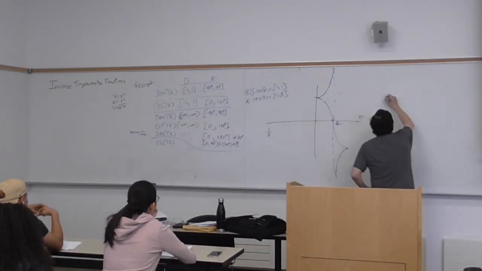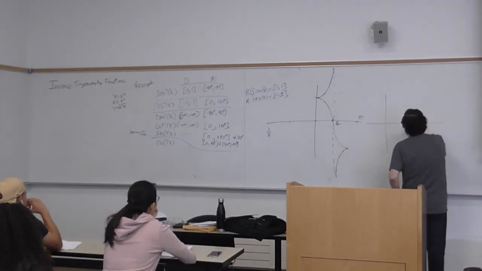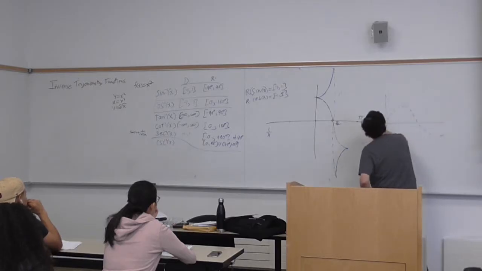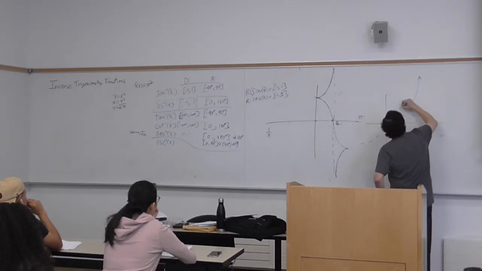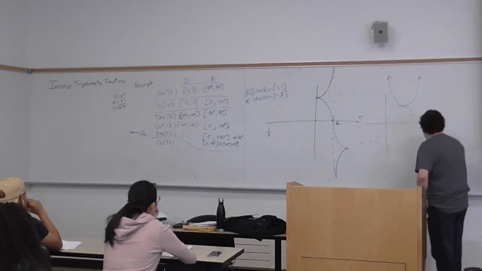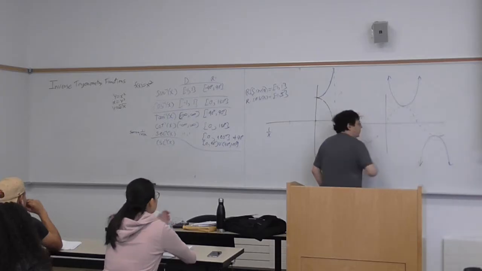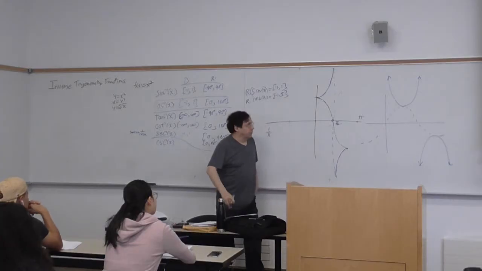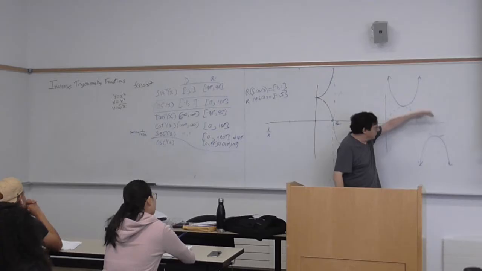Maybe if I draw the picture here. Could be the sine or the cosine. The cosecant function here is out here. So what values do these two functions have? What value does this function have?